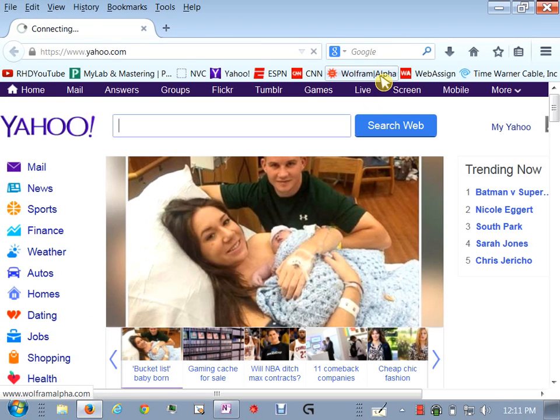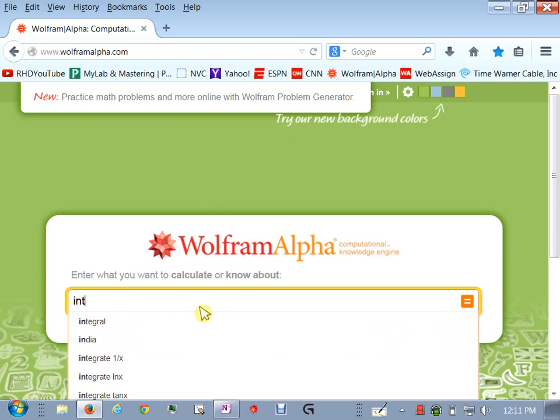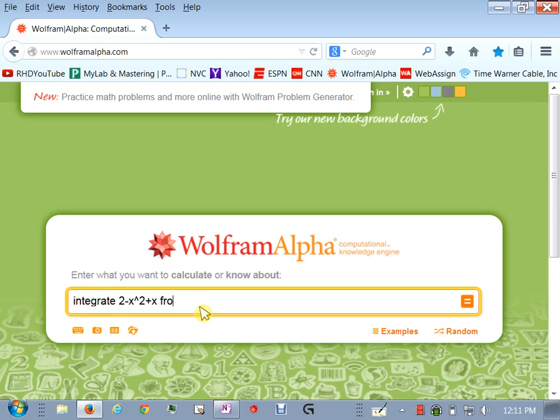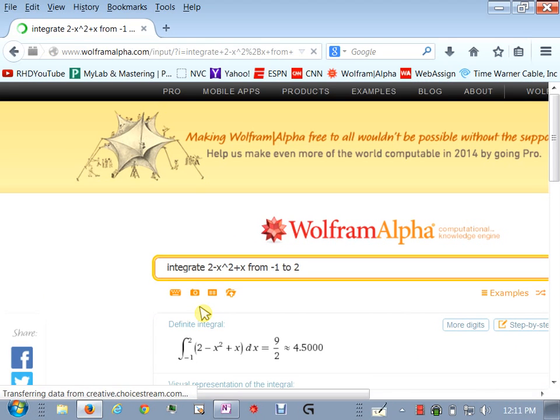Now I'm going to go real quick to Wolfram Alpha, and I'm going to integrate 2 minus x squared plus x from negative 1 to 2. 9/2.